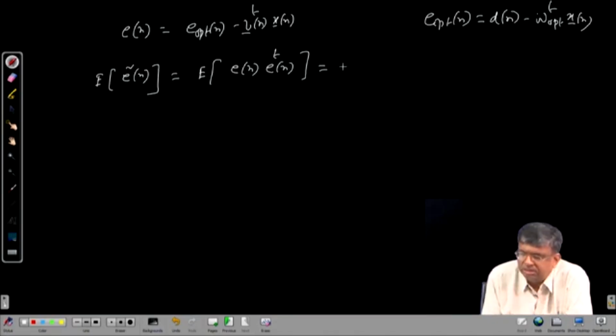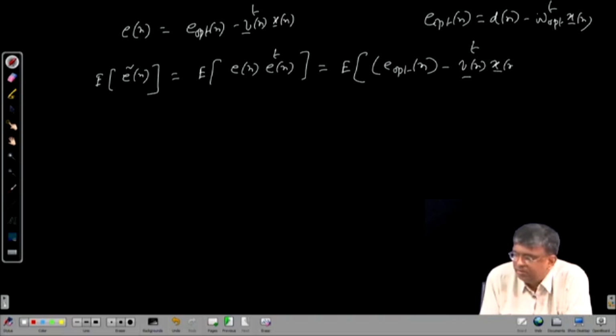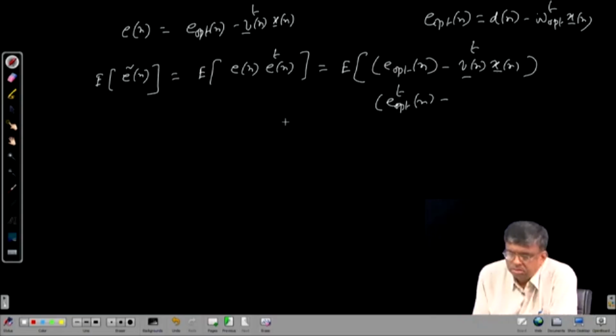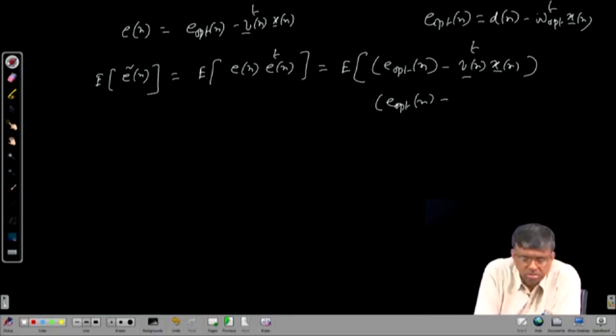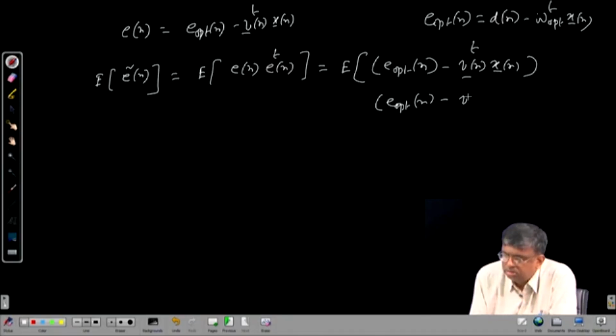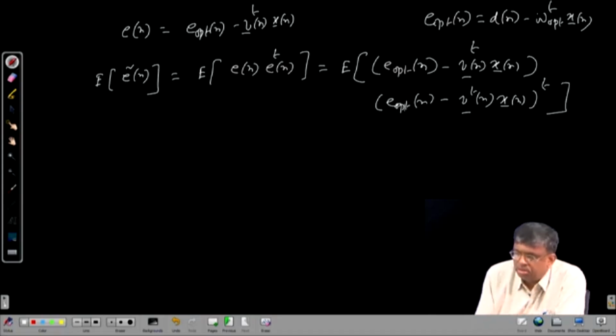Then if you put e n as this, it is e opt n minus V n transpose x n into its transpose, or maybe I put the transpose outside, minus the same guy transpose.